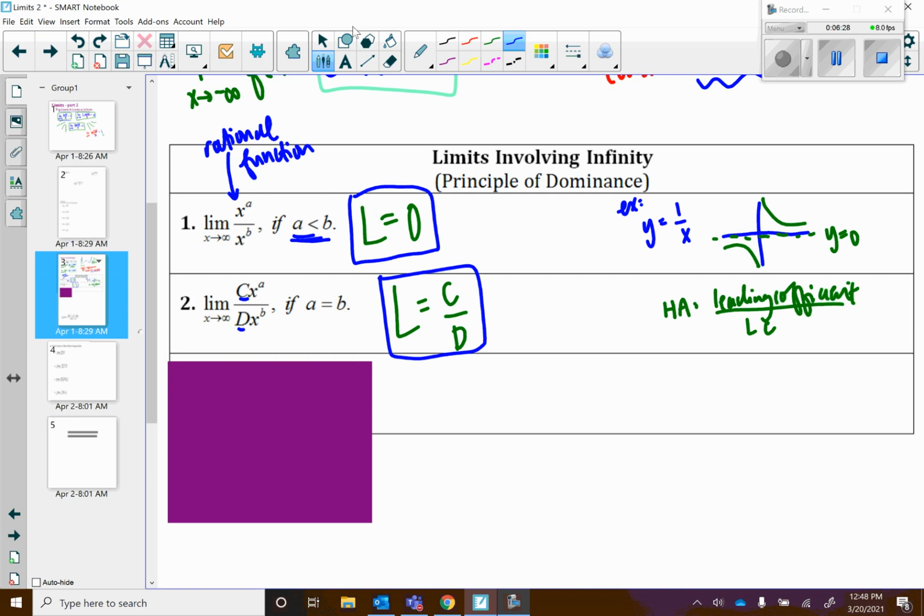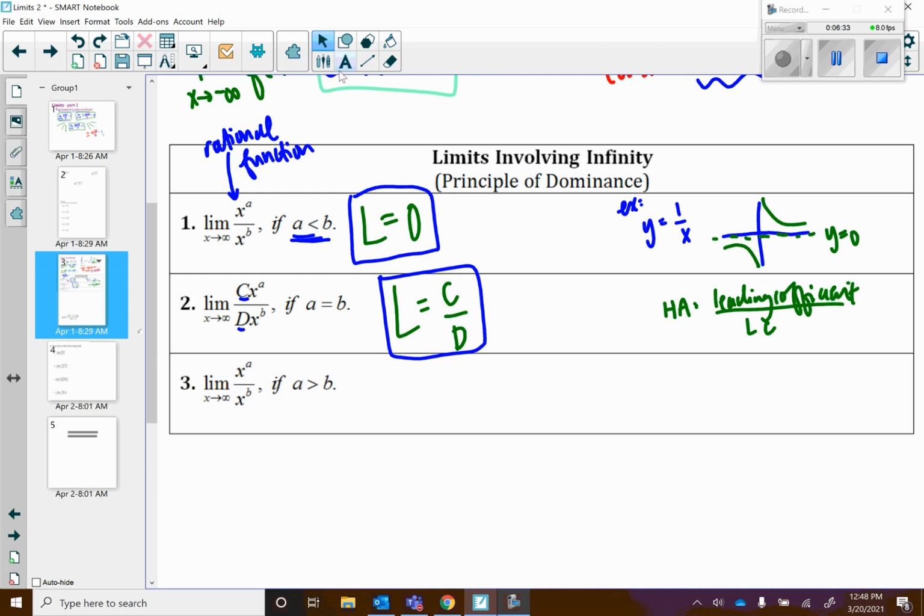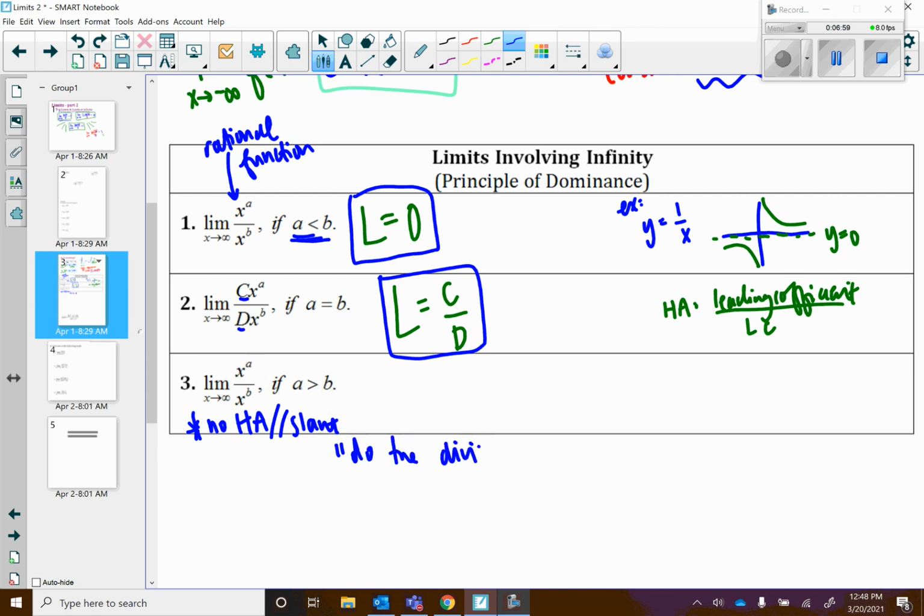And then last but not least, what if our numerator has a greater degree than our denominator? This was the case where we either had a slant asymptote or, well, we definitely had no horizontal asymptote. This was the case where there was no horizontal asymptote, and sometimes we had a slant, right? And how did we decide on the slant? Well, we would do the division that we were given in the problem.